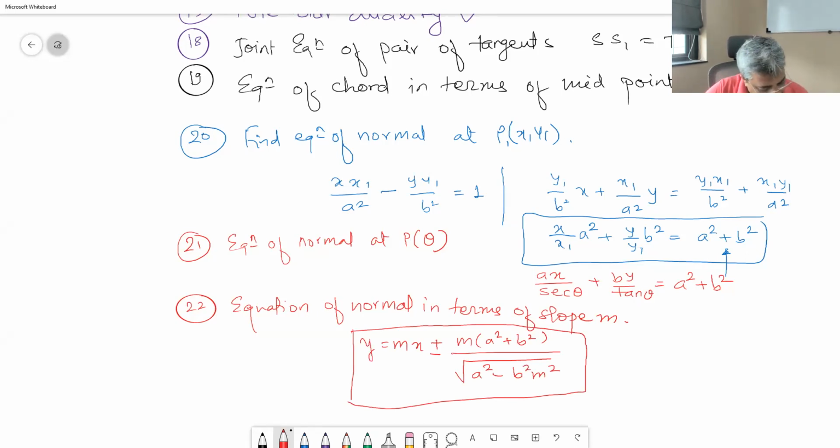Okay. So now you can very easily convert equation of auxiliary equations to find out different normals, and you will see, suppose you have been given a point P (x1, y1) through which you are supposed to draw normals to hyperbola, then we will put this x1, y1 back here and we will try to write down the equation in terms of slopes, and then you will find that it is a fourth degree equation in m.